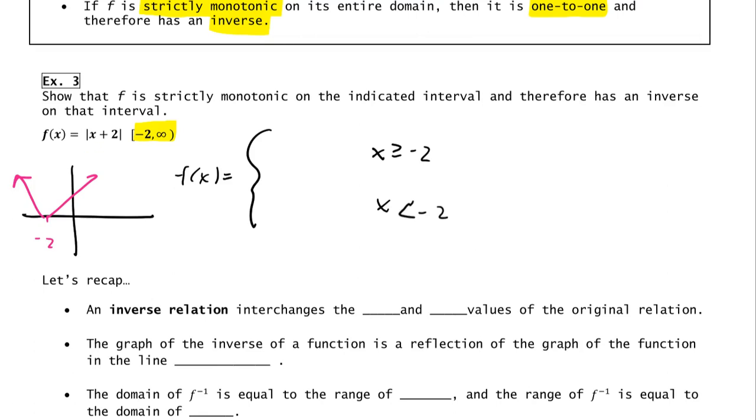Now let's look right here. Anytime I have something bigger than -2, think -1, 1, 5, this is always positive and the absolute values are not needed. If I go over to my graph, x plus 2 is this piece right here. Okay, now let's look at the other part. Every time I have an x less than -2, I'm sorry, -3, -4, -5, anytime x is any of those numbers less than -2, this whole thing is guaranteed to be negative.